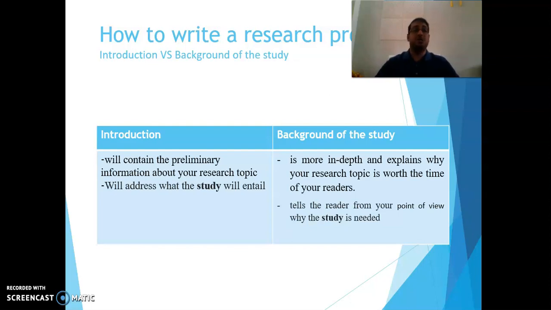The background of the study discusses existing data on your topic. The problem statement is what you identify as an issue with supporting data. Lastly, the background of the study tells the reader from your point of view why the study is needed.